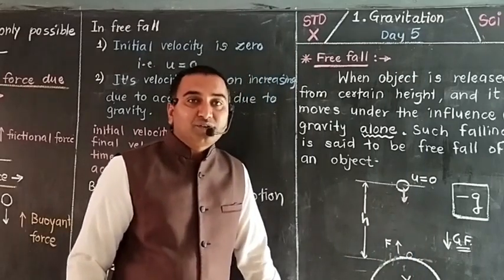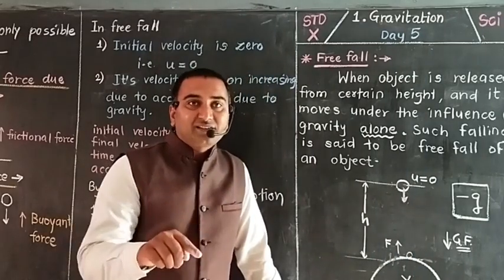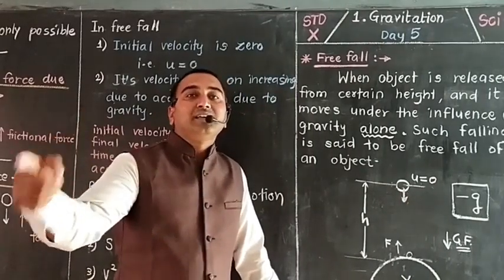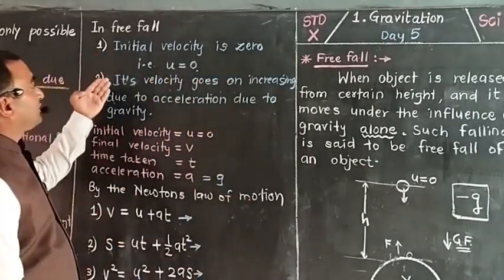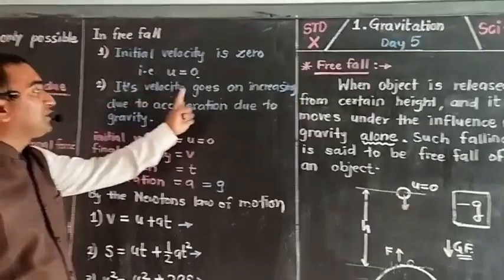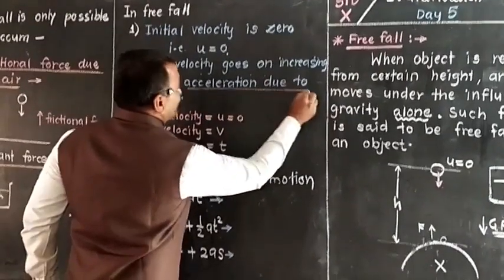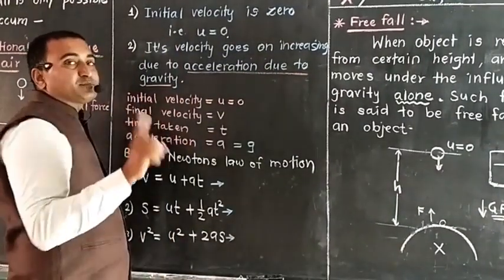Because of positive acceleration, the initial velocity is definitely less and the final velocity goes on increasing, so within free fall the object's velocity goes on increasing. What is the reason behind that? Acceleration due to gravity, which is positive.